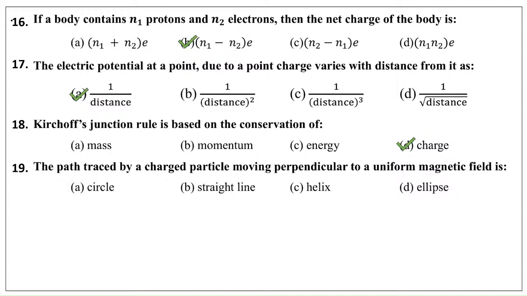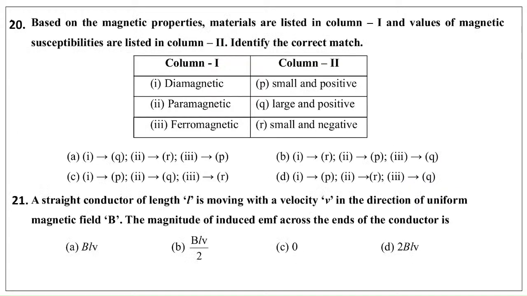Next. 19. The path traced by a charged particle moving perpendicular to a uniform magnetic field is. Answer A. Circle. Next. 20.